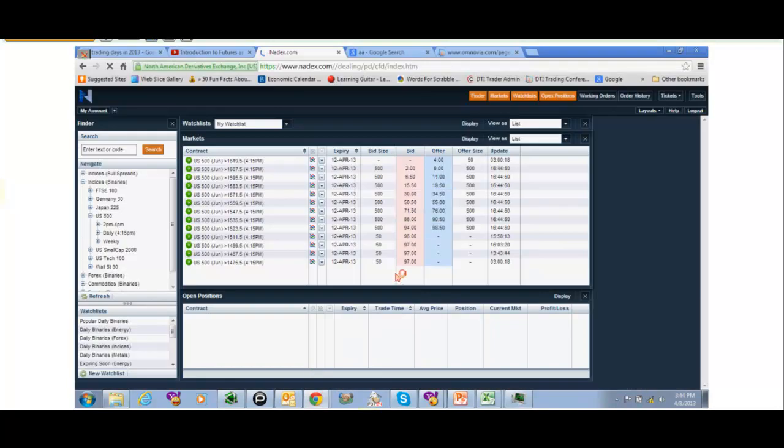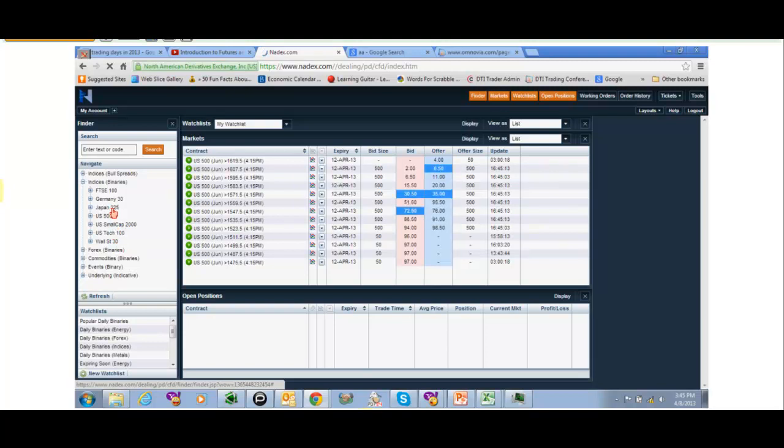They're still up. You can see the expiration coming in. And this is for the E-mini S&P 500. They also have, it's listed as the US 500. They have the small cap 2000, which is the Russell. They have the Tech 100. That's the Nasdaq 100. The Wall Street 30 would be based on what you're seeing in the Dow Jones futures.